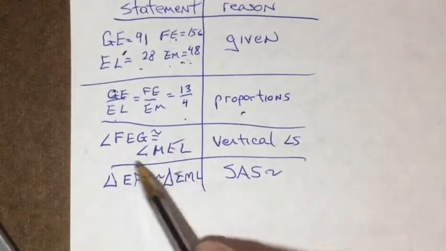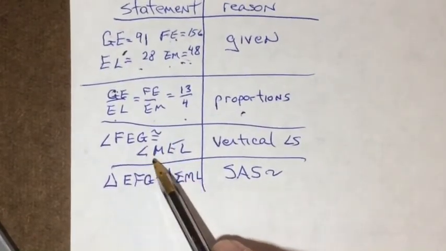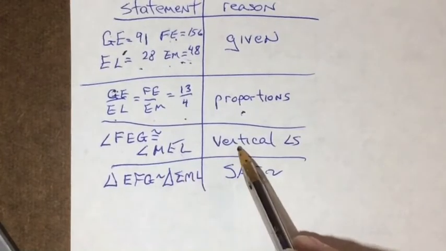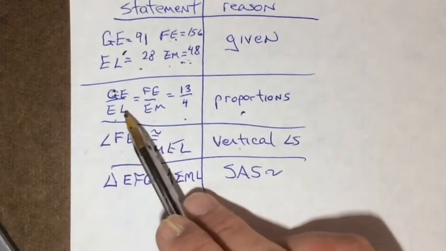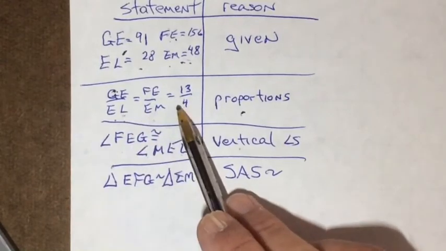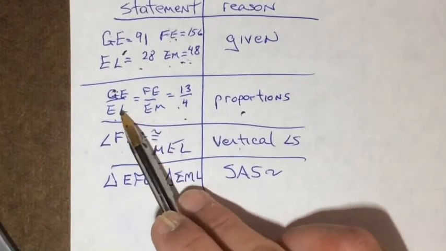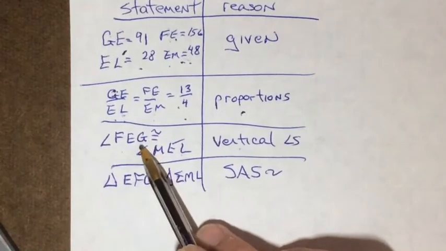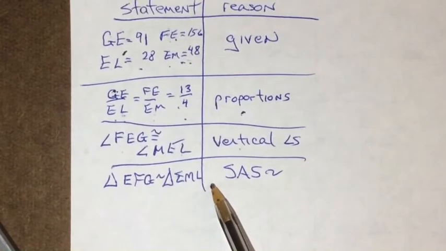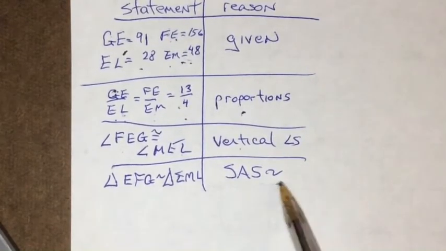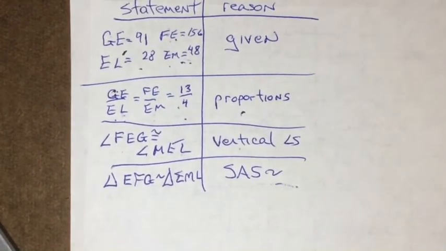We also know that angle FEG is congruent to MEL because they're vertical angles, and since we have two pairs of sides with the same proportion, and those two pairs of sides create congruent angles, we have side angle side congruency. I'm sorry, side angle side similarity.